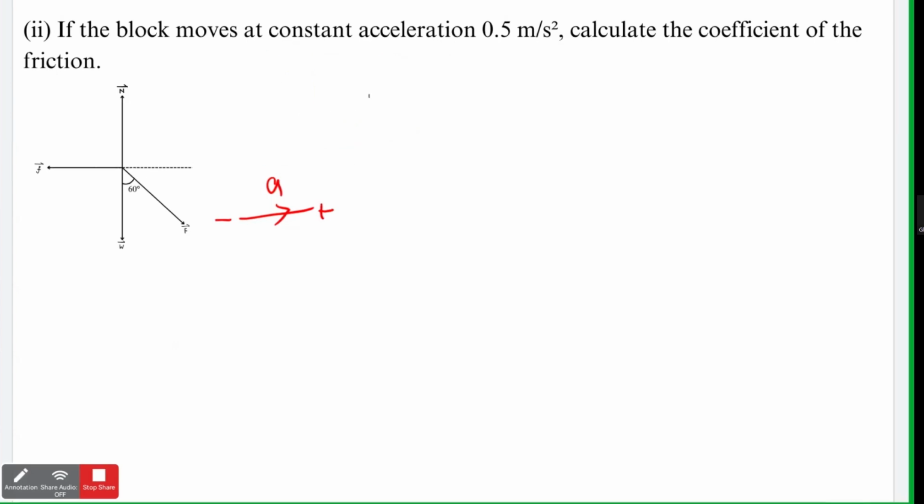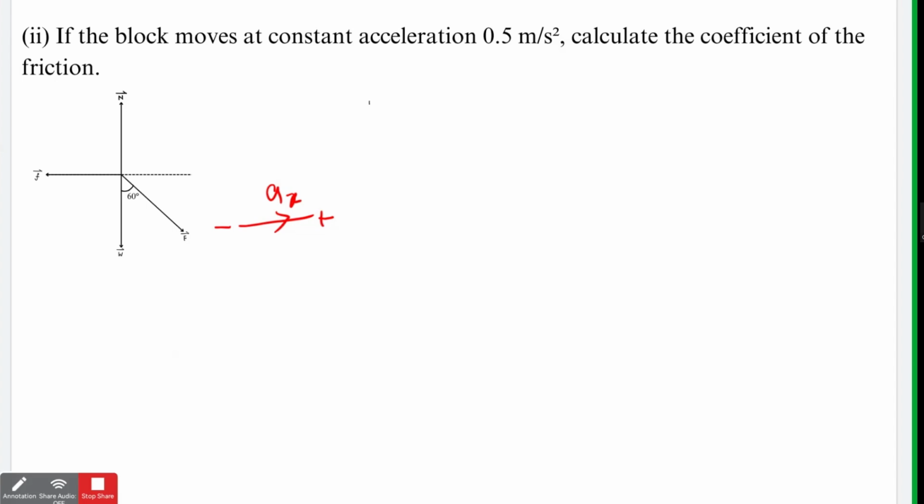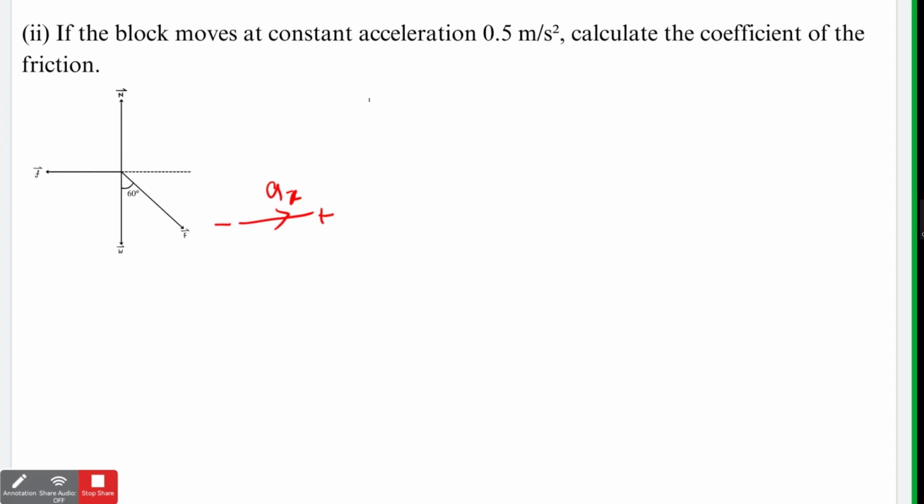Because the block is moving on the rough surface, the acceleration 0.5 meter per second squared is actually the acceleration of the block in the x component, because the block is moving parallel to the surface and it won't jump over the surface. Now we have to know what the coefficient of friction is.